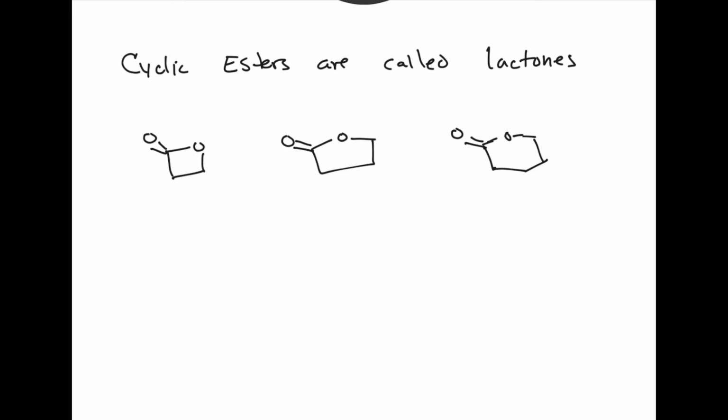Other than knowing that these are called lactones, I'm not going to have you name each individual one. They get Greek letters, like the first one's beta lactone. And then I think the next one's delta, then gamma, and so on as you go up. But we're not going to bother.